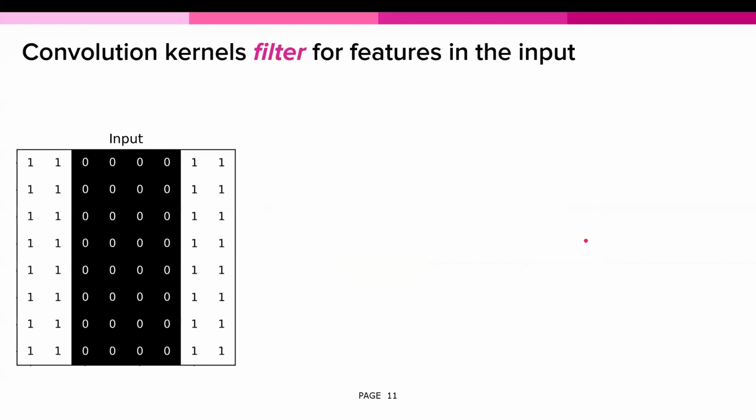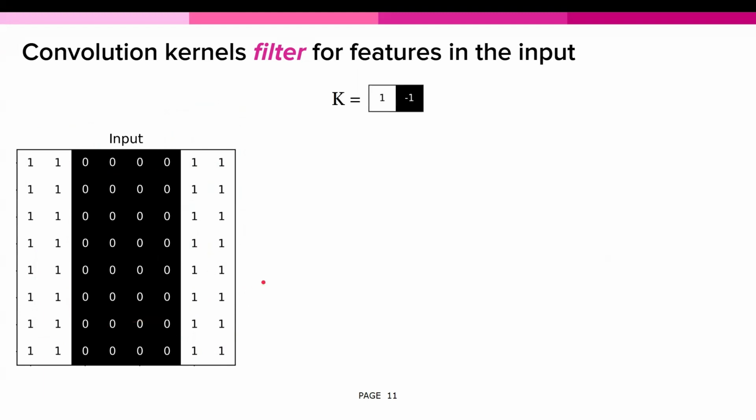Okay, so we've encountered convolution, but how is this practically useful? Let's consider this binary input image on the left. It has a thick column of zeros in the middle, and then there are some ones on each side. This input image is going to help us understand how convolutional kernels can act as something called filters.